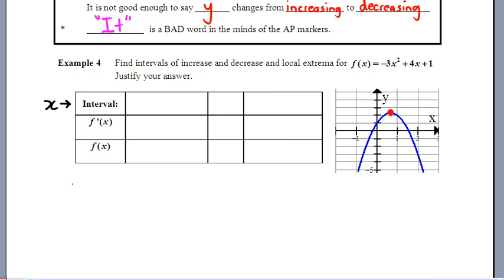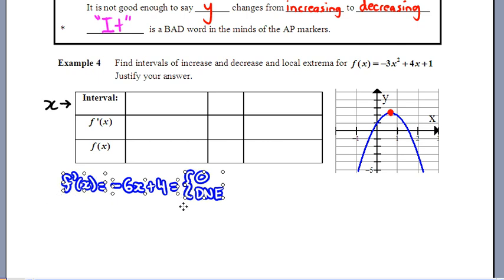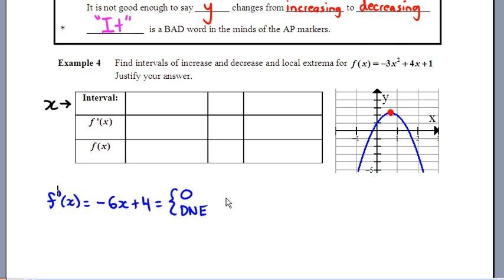So here's what I would do. I would go ahead and take a derivative and say, okay, what's f prime? Well, they told me the function here, so the derivative would be negative 6x plus 4. And then I would ask myself, are you ever equal to 0 or are you ever busted? Can I find a critical point based on that algebra, negative 6x plus 4?